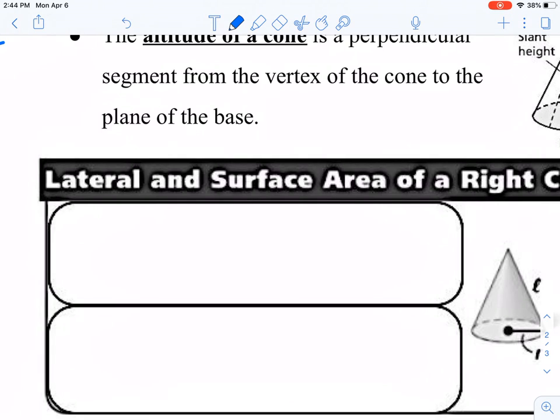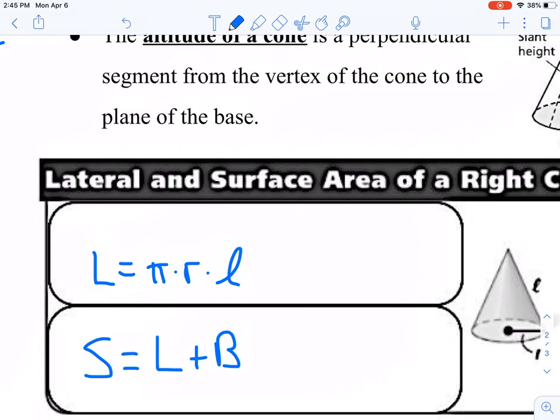So now moving on to the formulas for the surface area and lateral area of a cone. The formulas are as follows. The lateral area is going to be equal to pi times the radius of the base times the slant height. That's going to be your lateral area. And the surface area is going to be, like we did before, the lateral area plus the area of the base.